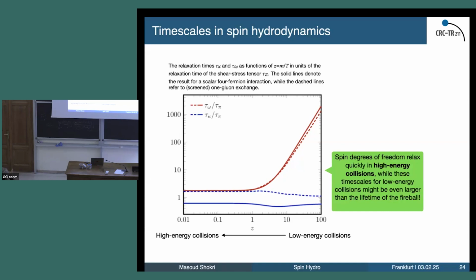This is based on quantum kinetic theory. This calculation is quantum kinetic theory, but you're comparing it with shear. We tried to do this to make everything as model independent as possible.